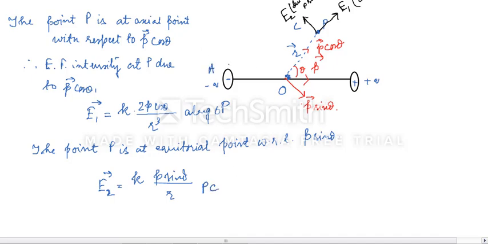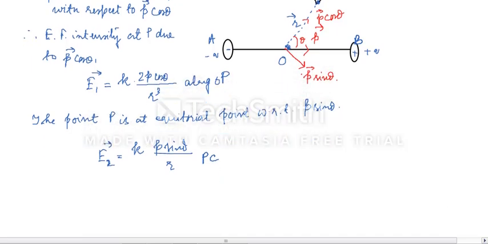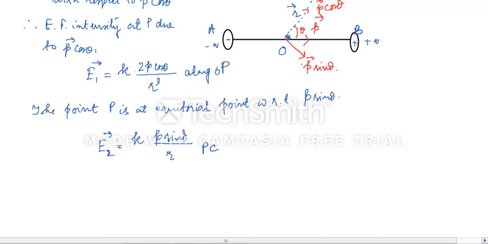If this is A, this is B, this is C. So along PC.